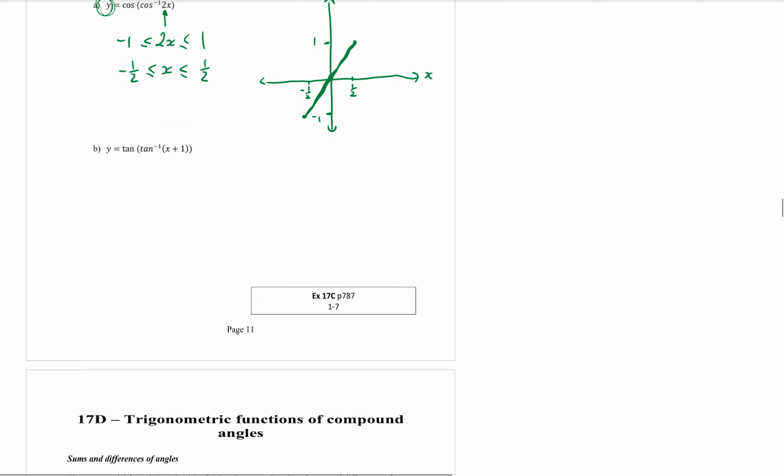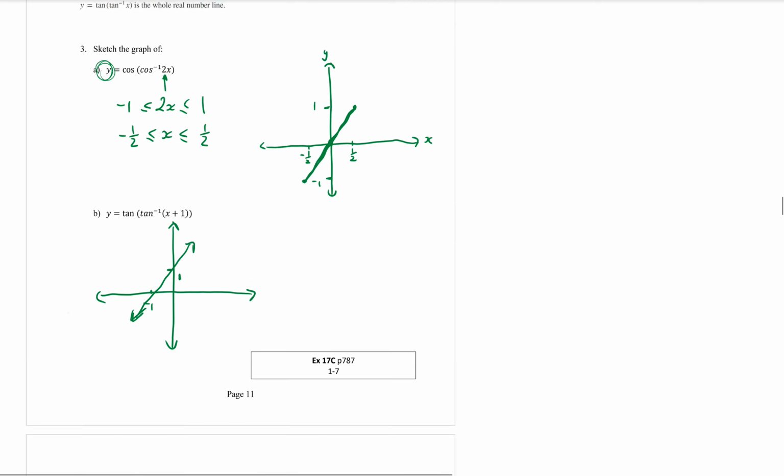And that's all I do. I draw the graph of y equals x plus 1. No restricted domains or range. So x plus 1 means I have a y-intercept at 1 and a gradient of 1, which means my x-intercept would be at -1. And there is my line. That's it. So exercise 17C.